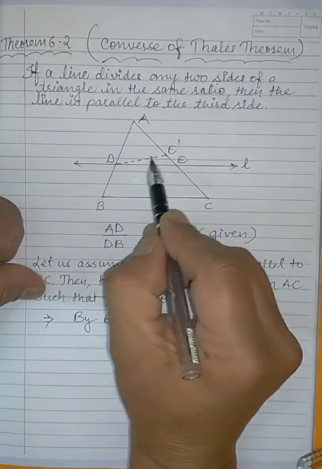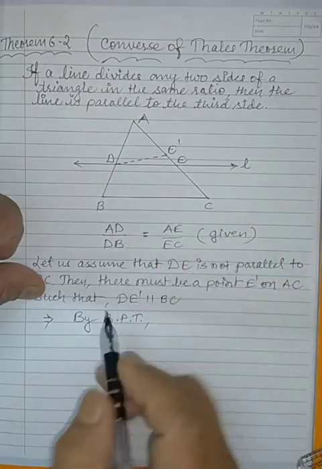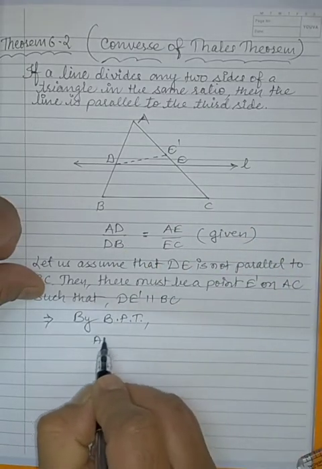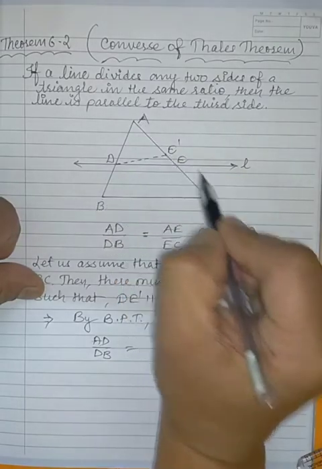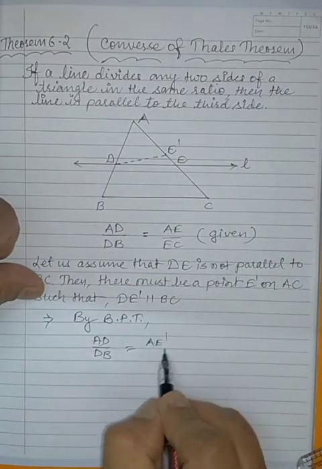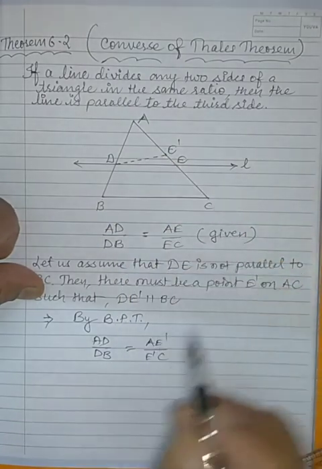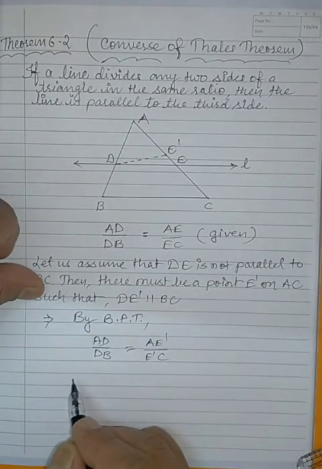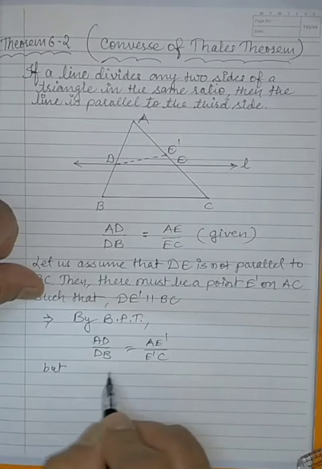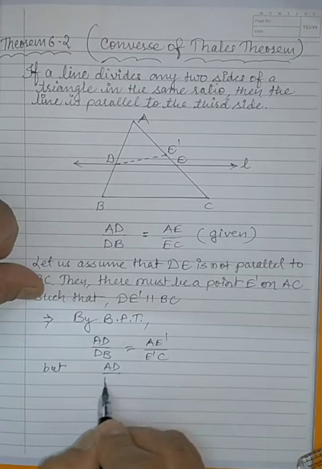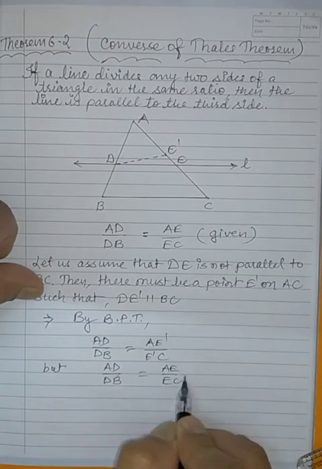So AD upon DB will be equal to AE dash upon E dash C. But we are given that AD upon DB is equal to AE upon EC.